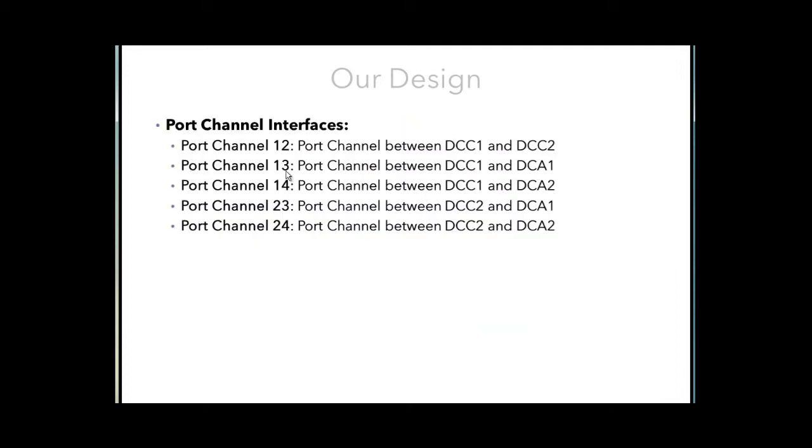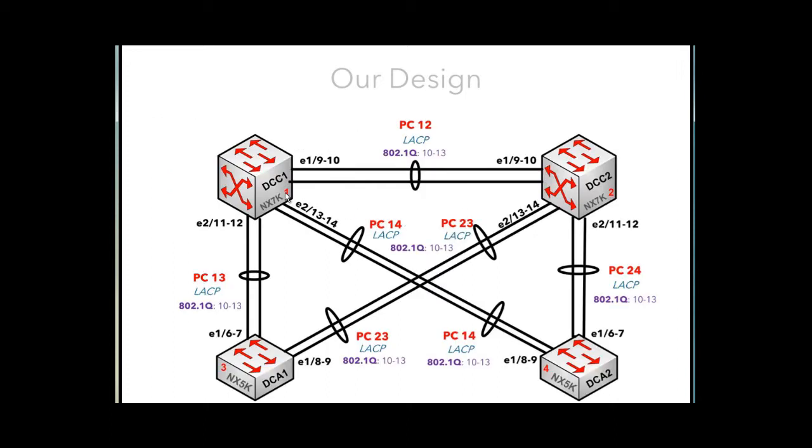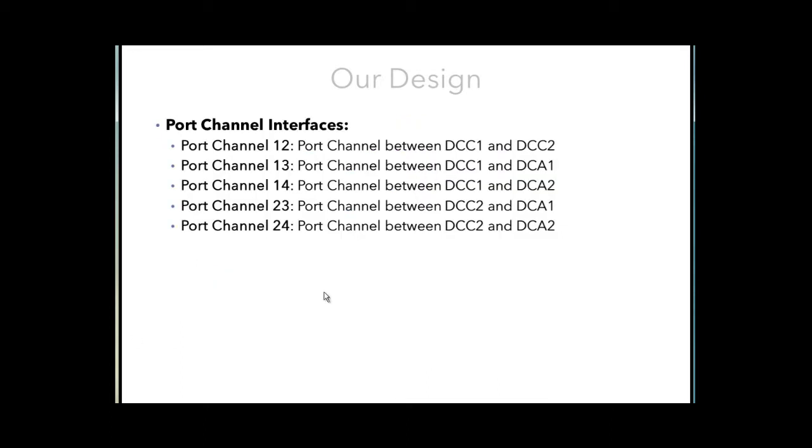So that 13 right here comes from the device ID for the two devices that this port channel will be connected between. The 1 is for DC1 and the 3 is for DCA1. This means that if we see this port channel interface anywhere, we will know that this is for a port channel between DC1 and DCA1.